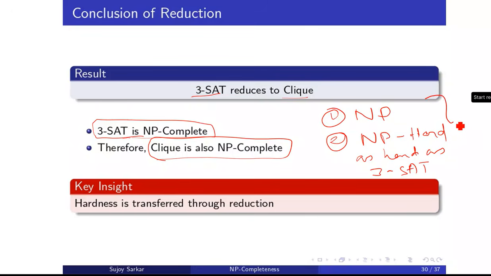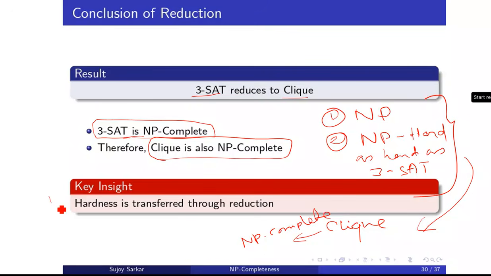As both are true, we can say that Clique also belongs to NP-complete. So again, that hardness is transferred through reduction. This is the way of proving that a problem is NP-complete.